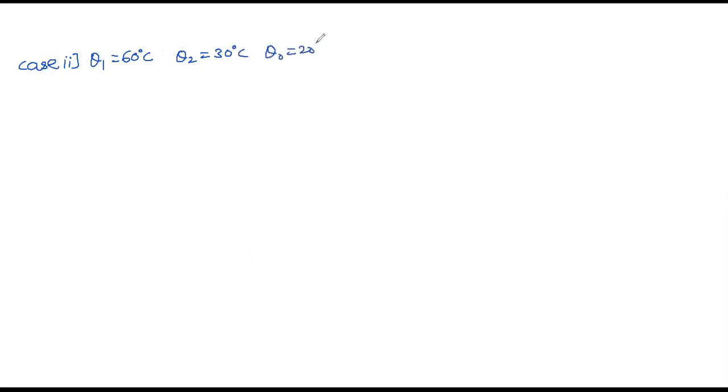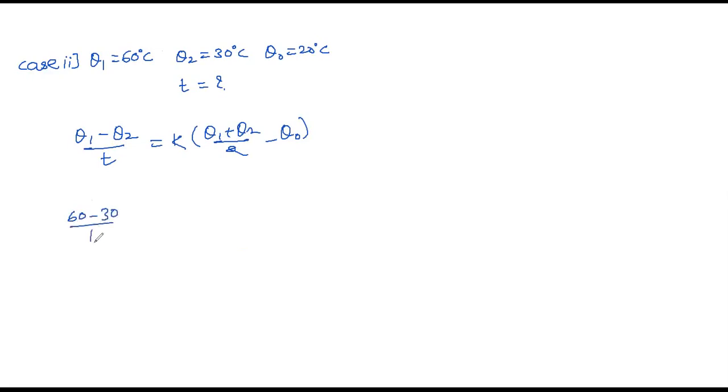Theta naught is 20 degrees Celsius, but t in this case we don't know. What is our formula? Theta 1 minus theta 2 divided by t is equal to k into theta 1 plus theta 2 divided by 2 minus theta naught. So this is 60 minus 30 by t is equal to k into 60 plus 30 by 2 minus 20.